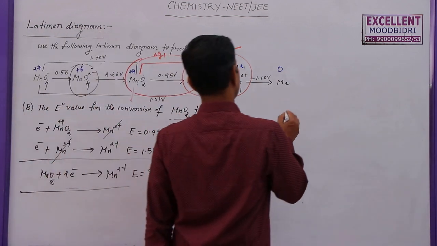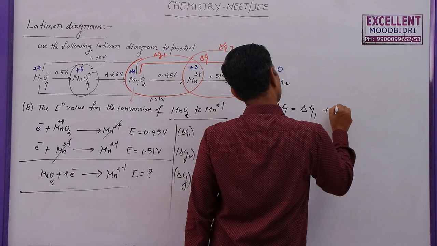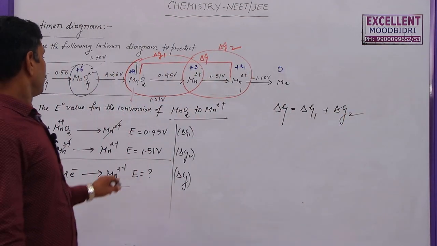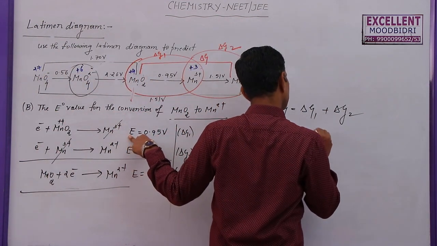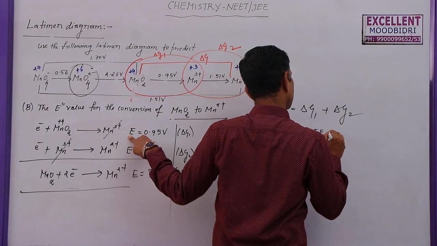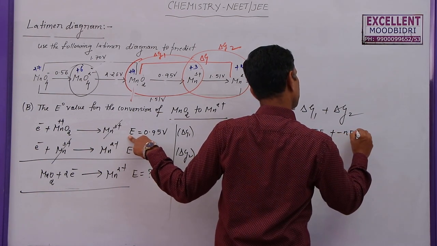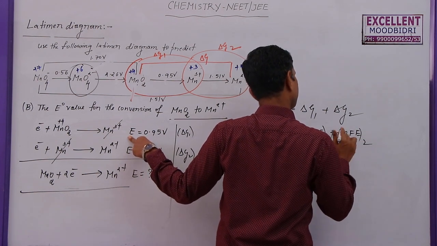Therefore I can write delta G is equal to delta G1 plus delta G2. Delta G1 value, you know that, is minus nFE, plus this is also the same, minus nFE. This is for the first one, this is for the second reaction.